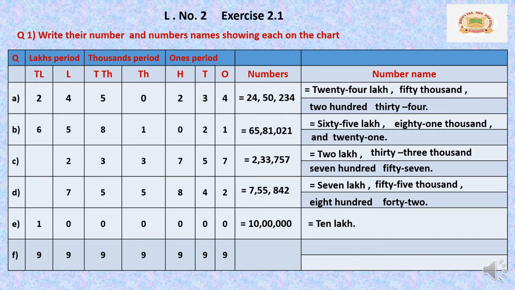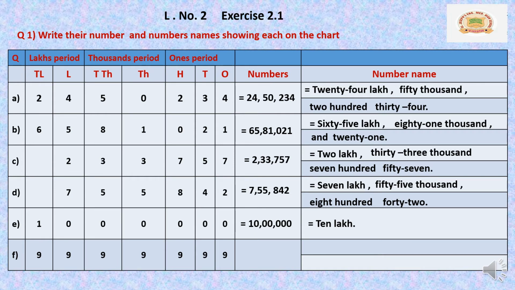Now the F question. See the children. All the places we are having the digit called 9. 9 is which digit? It's the single largest digit. Now this number will become the largest 7 digit number.